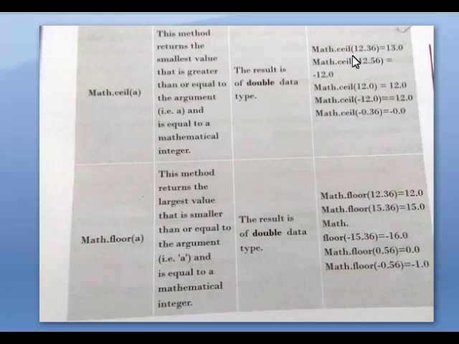If it is a negative value and the value after the integer is 5 or greater than 5, it will not increment the value, it will take only the negative integer. Here you see Math.ceil of 12.366, it is a positive value, so it is incremented.